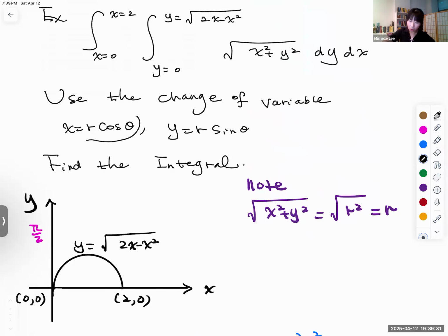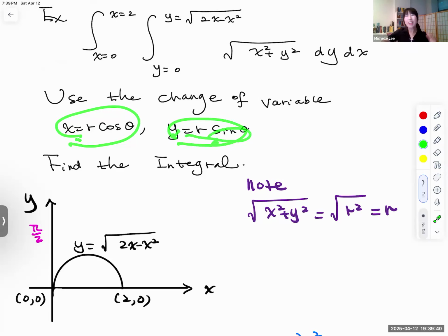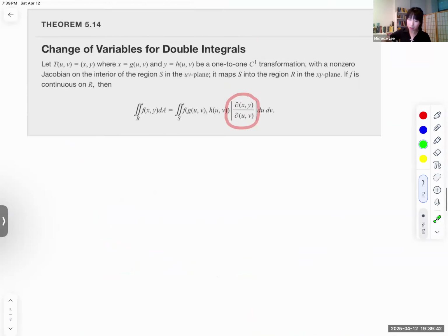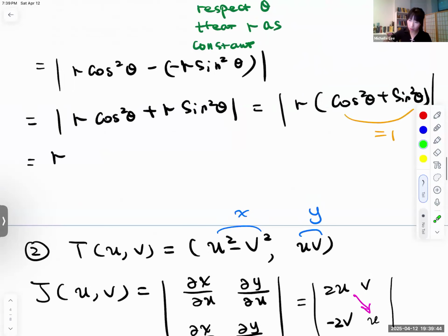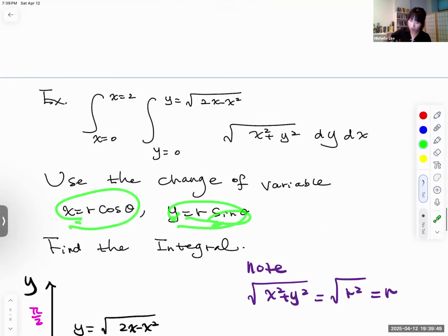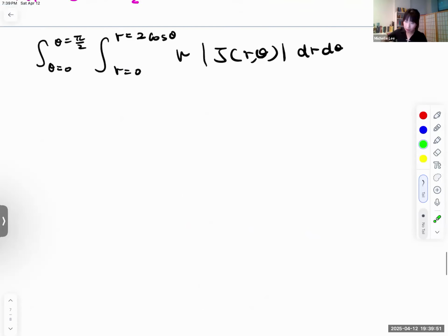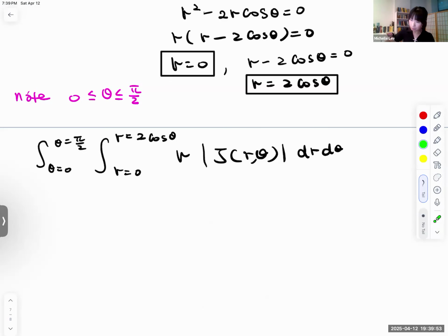We have x equal to r cosine theta, y equal to r sine theta. We had the Jacobian earlier, right? That is the number one, which is r. So we are using that, r from the previous example, right?